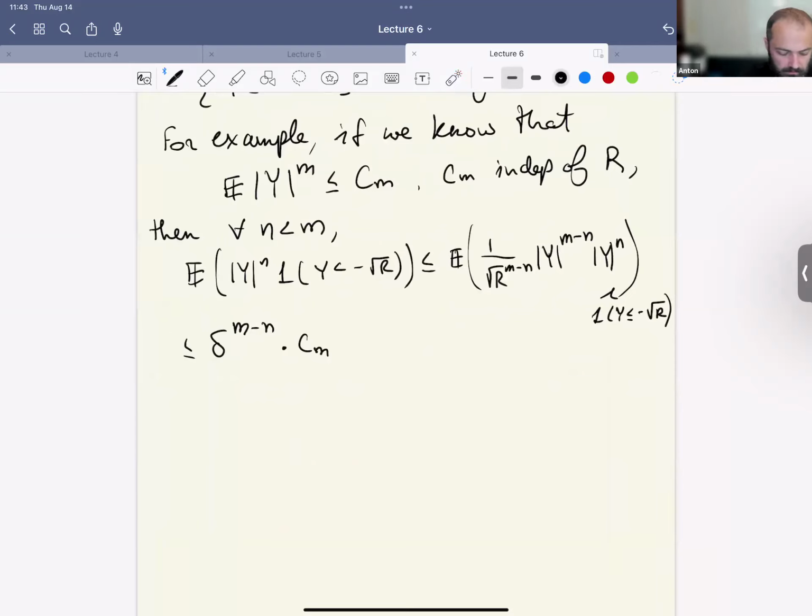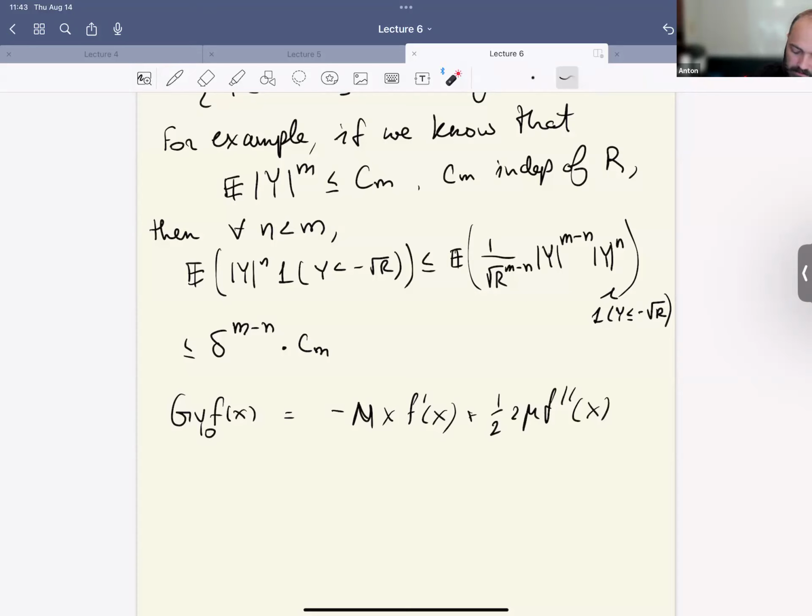And then to really, how do we get the moment bounds? So remember G_Y of f of x we have is negative mu x f prime of x, this is Y naught, mine, plus 1/2 2 mu f double prime of x. This is Y naught.